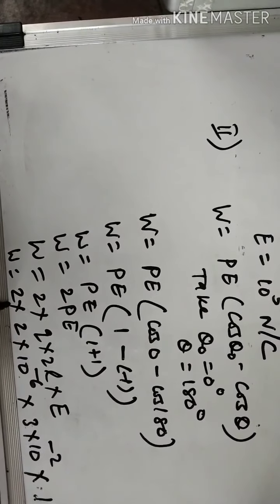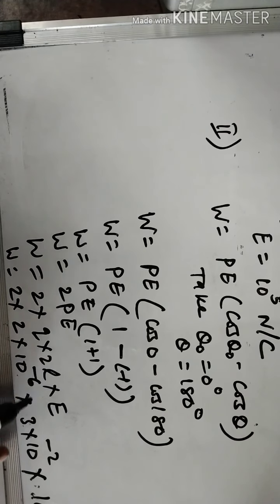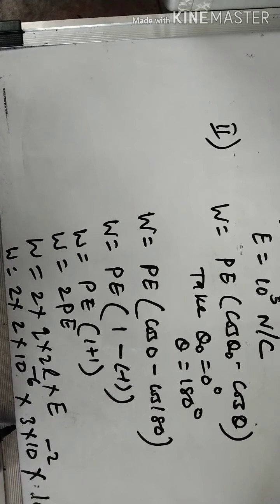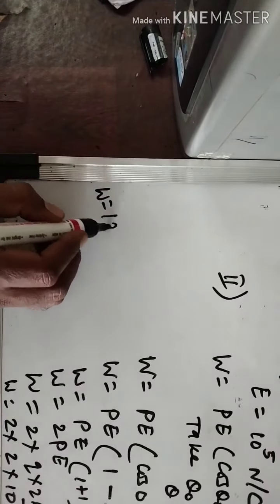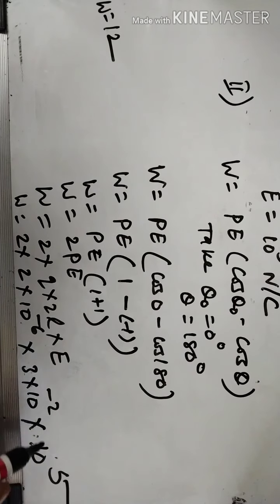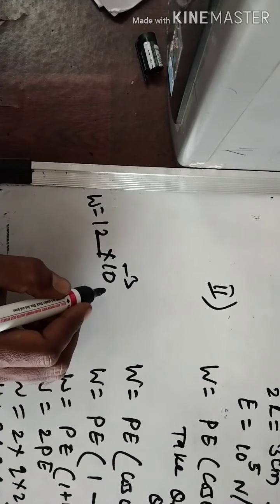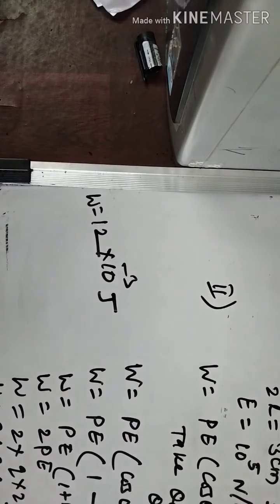Now 2 into 2 is 4, 4 into 3 is 12. So W is equal to 12. And the power: minus 6 minus 2 is minus 8, minus 8 plus 5 is minus 3. So 12 into 10 to the power minus 3, unit joule.